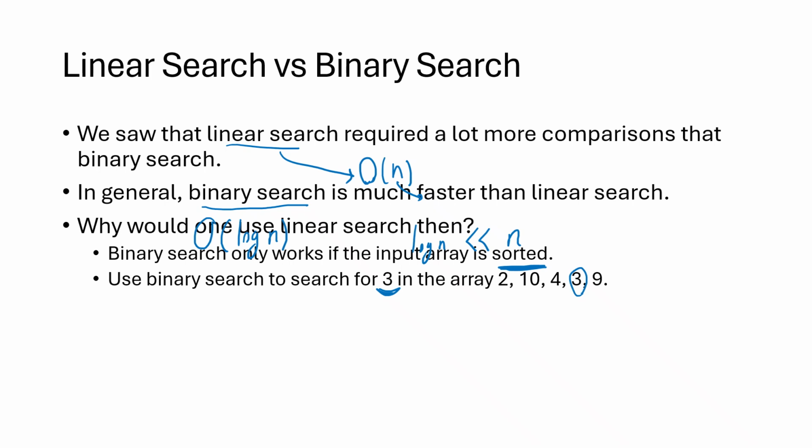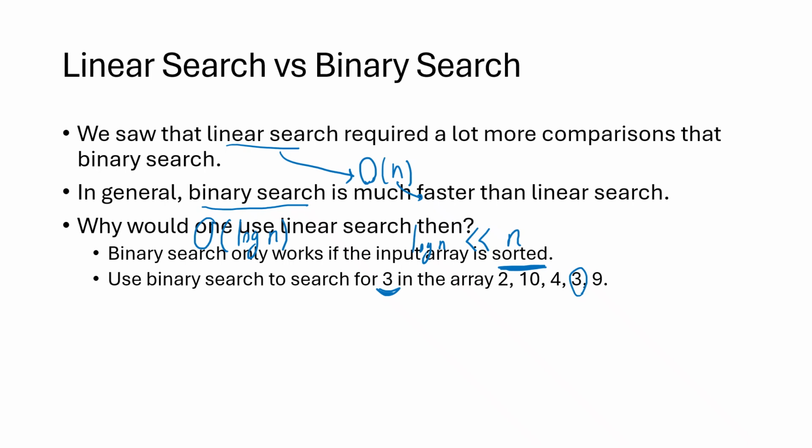Because of that, if you apply binary search, and I will leave it to you as an exercise to go through the steps, you will see that the search fails and it's not able to find 3 in the sequence. So that shows that binary search can be applied only when the sequence is sorted.